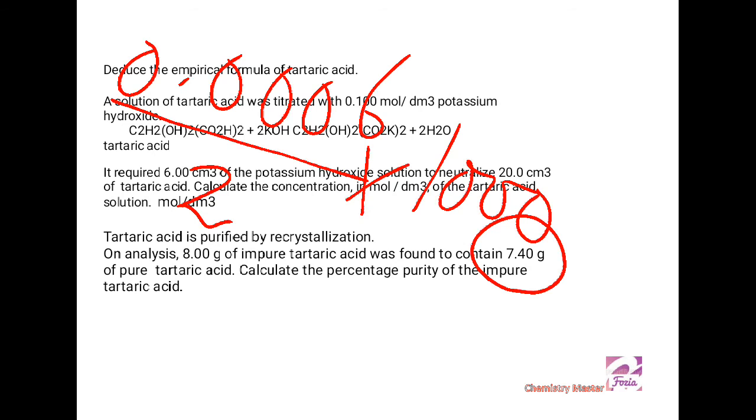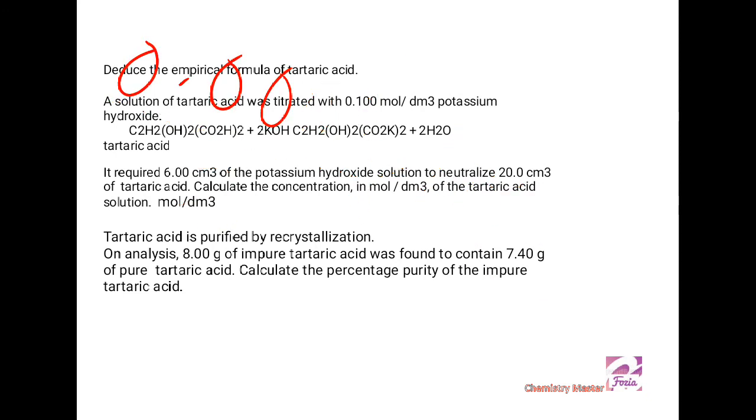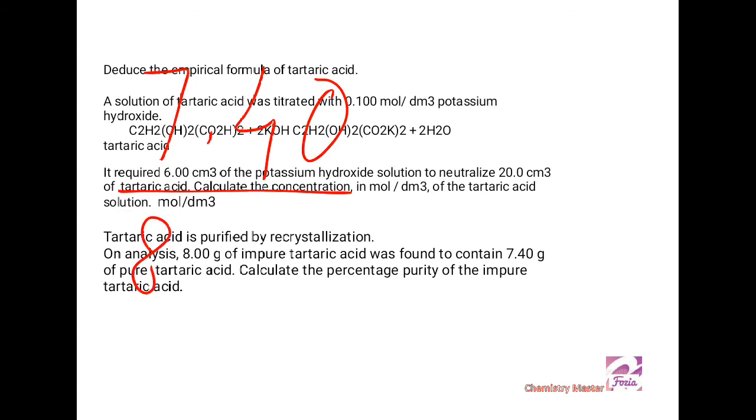So we have to determine the purity. How do we work out the purity? The grams of pure substance divided by grams of impure substance multiplied by 100. Like, 7.40 is the pure gram and 8.00 was the sample taken, multiplied by 100. Here you will get the purity of tartaric acid.